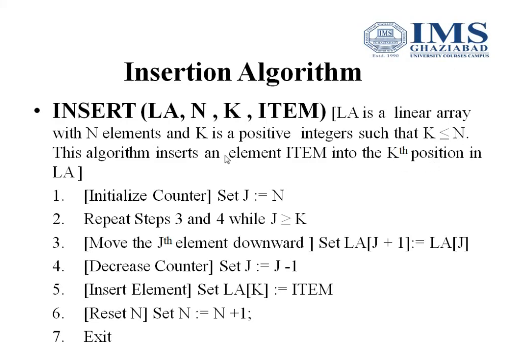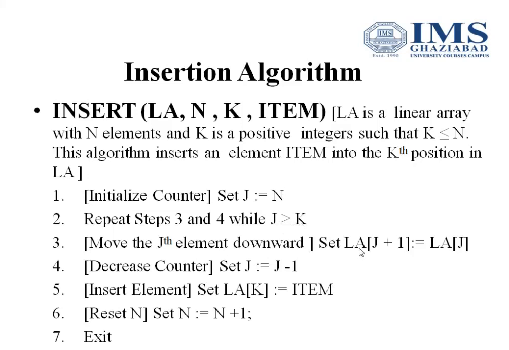So let's start the algorithm. We initialize a variable j equal to n, where n is the position of the last element in the array. So we will repeat steps 3 and 4 until the value of j is greater than or equal to k.